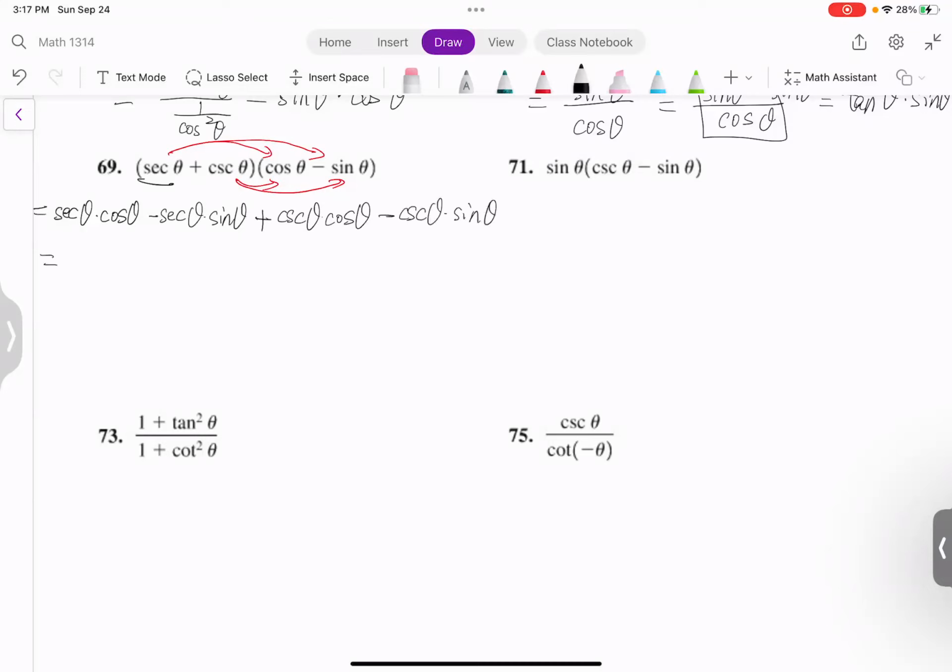Let's do the simplification. Secant and the cosine are reciprocals, so the multiplication is 1. And then minus secant theta.